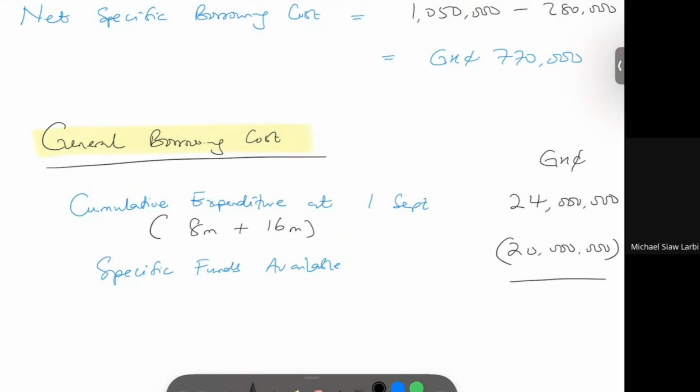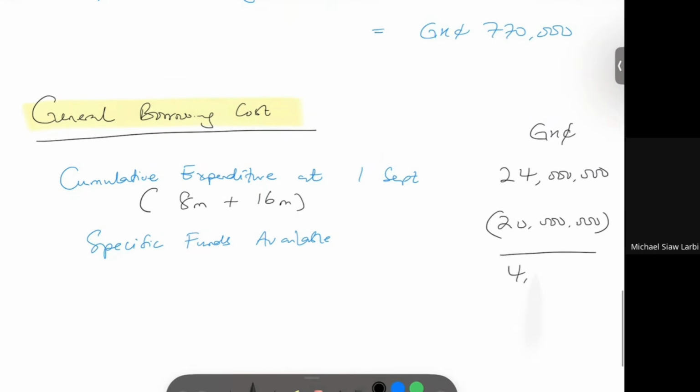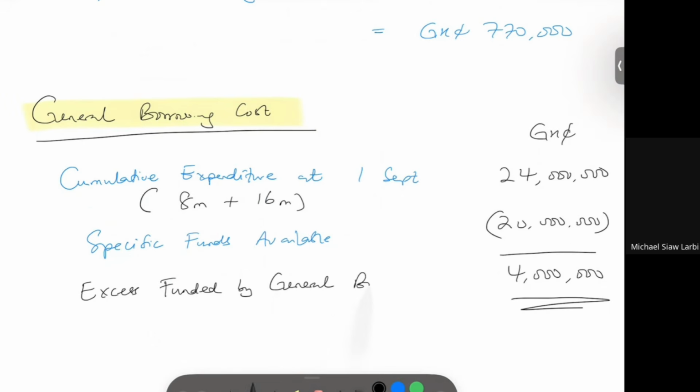This implies that I would need to go and borrow 4 million from my general borrowing. So this is my excess to be funded by general borrowing. Okay.